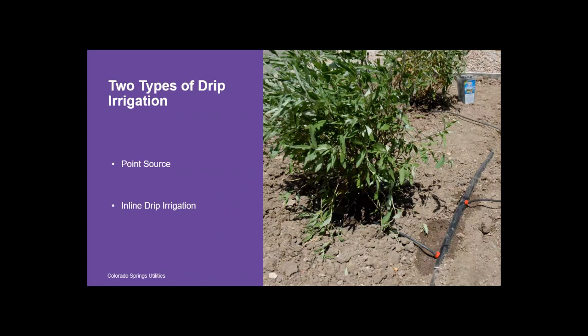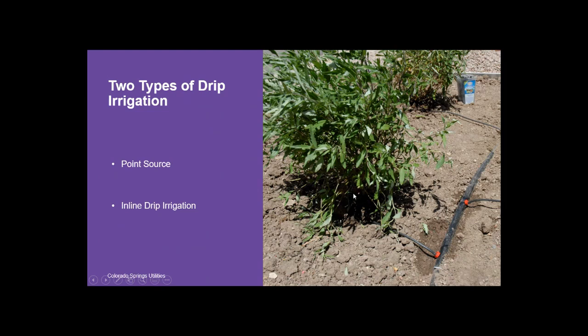Just quickly, I wanted to talk about the two types of drip irrigation. You heard me refer to it in that first slide on the difference between drip irrigation and overhead irrigation. The two types are point source irrigation, and here's an example, meaning we have our emitters and we're applying water directly to the base of that plant.